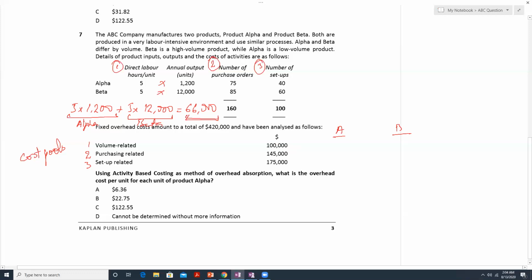That is 5 multiplied by 1200 equals 6,000. So 6,000 direct labor hours are used for alpha, and total direct labor hours are 66,000. So I multiply 100,000 by 6,000 and divide by 66,000 to get volume related overheads for alpha only, and it becomes 9,091.